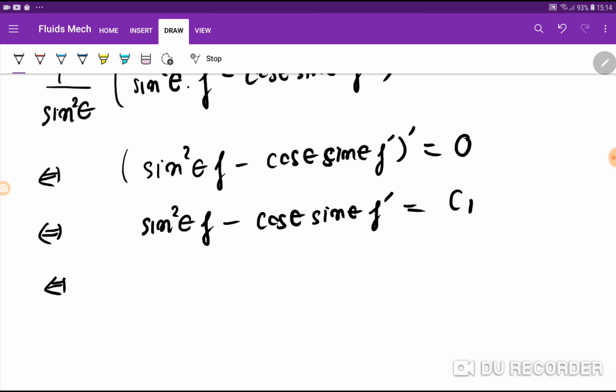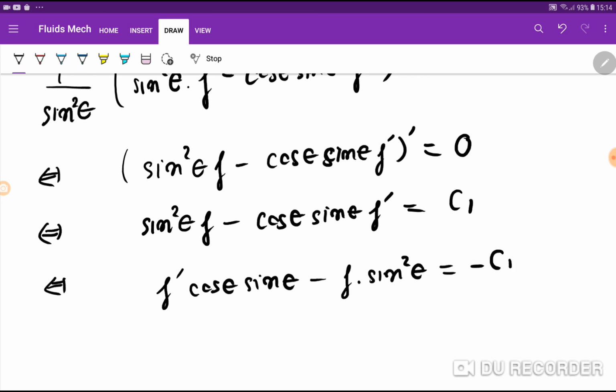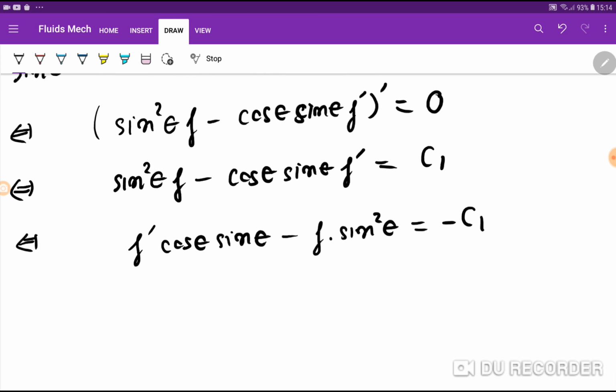I'm gonna rearrange it a bit. I'm gonna do the minus sign on both sides. Okay, guys, notice this. Negative C1 is the same as C1. Why? Because C1 is a number.